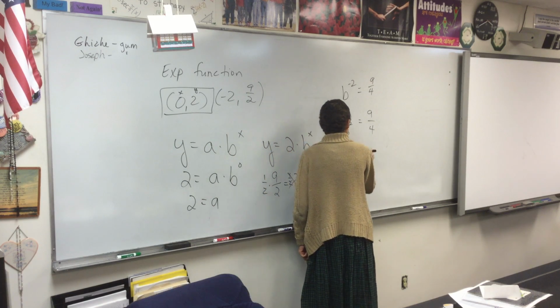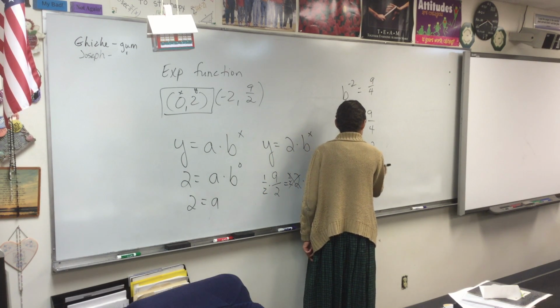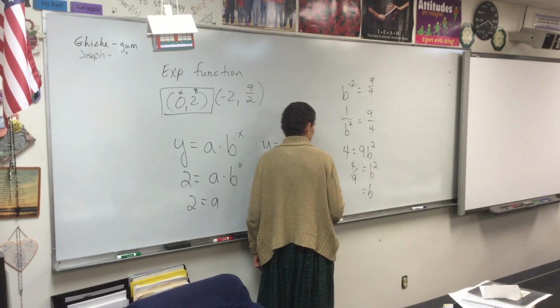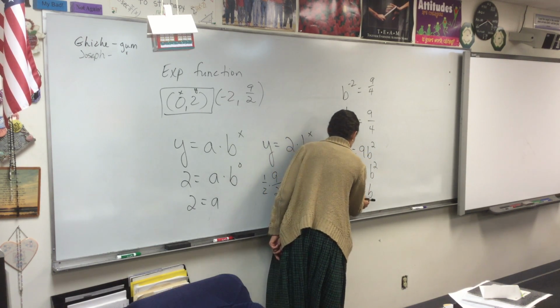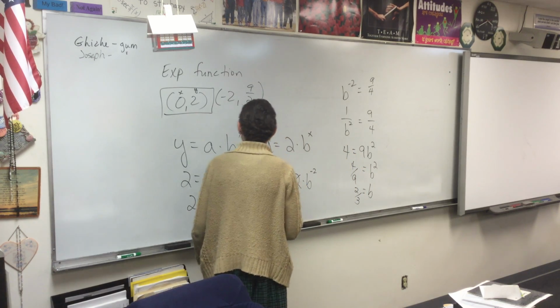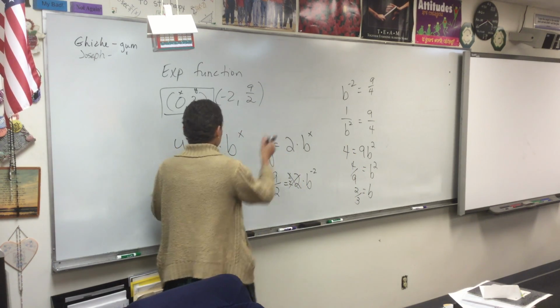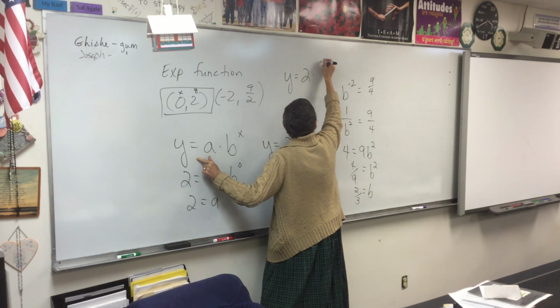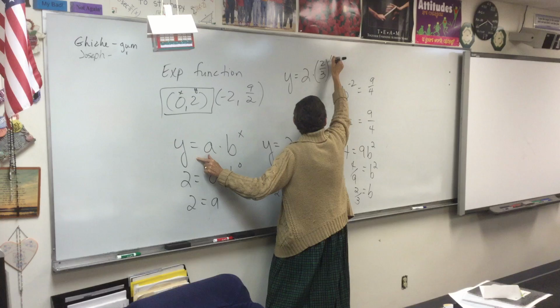So 4 equals 9b squared. B squared equals 4/9. And what's my b value? 2/3. So all that work and I got my answer. Y equals 2 times 2/3 to the x.